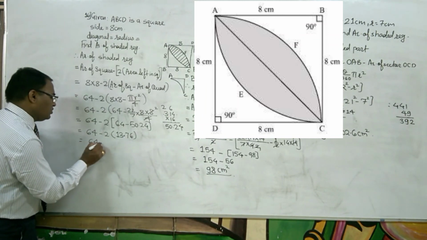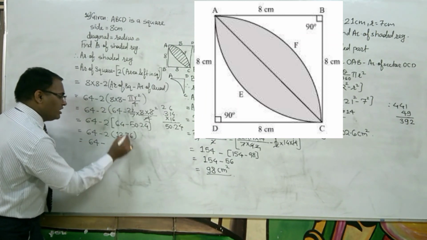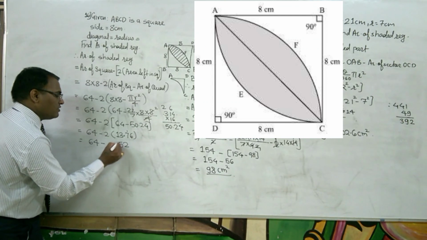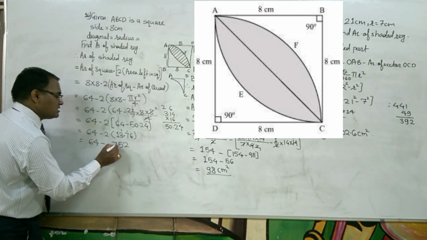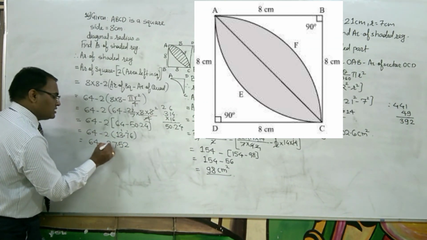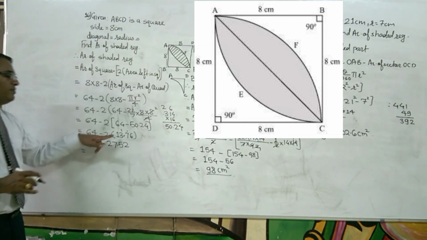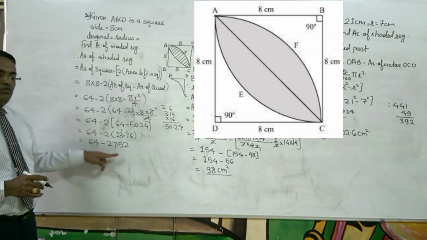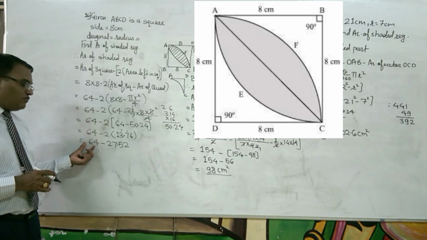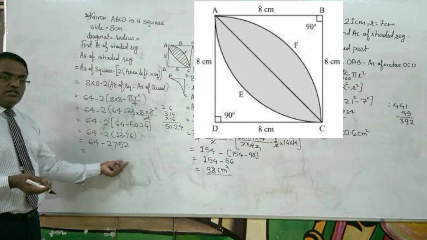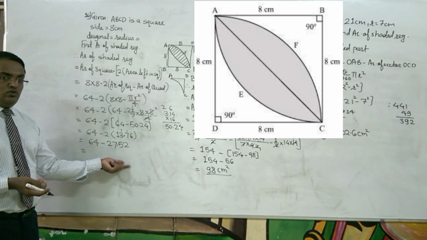Now 64 minus 2 into 13.76, 2 into 6 is 12, 1 carry 2 7s are 14 and 1 is 5, 2 3s are 6 and 1 is 7, right? And 2 1s are 2. Right or no? 27.52. Now from 64 remove 28 first and then we can think about the 0.52 also.